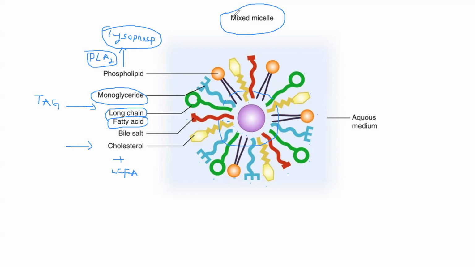The major aim of forming this mixed micelle is to make these digested products into molecules that can be easily passed across the membrane of the intestine. So the bile acids mix with all the digested products to form the mixed micelle.